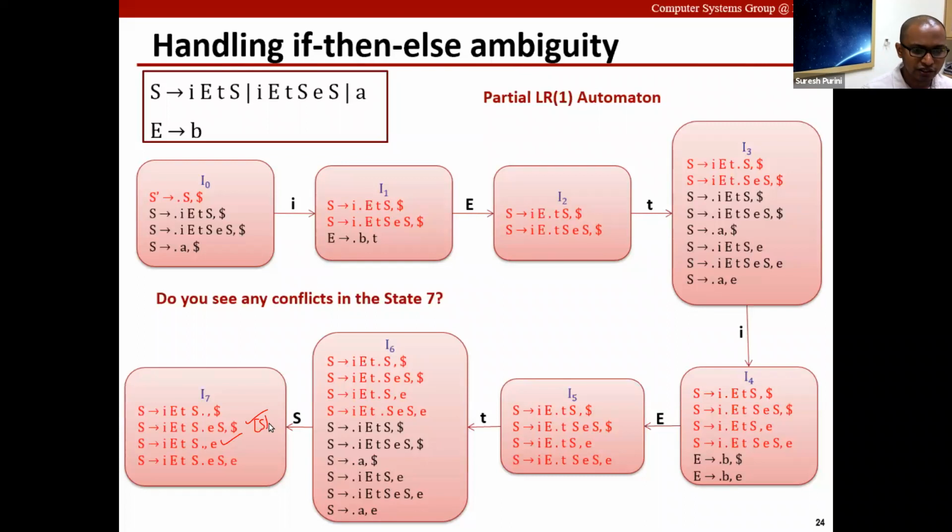So this is shift and this is reduce. Again, we can tell the parser to lean towards shift or reduce depending upon the kind of if-then-else semantics that we would like.